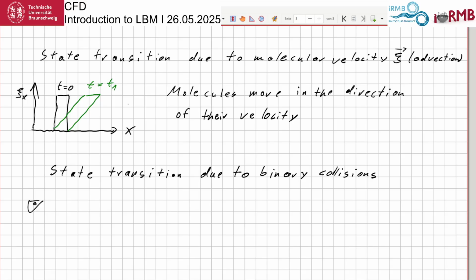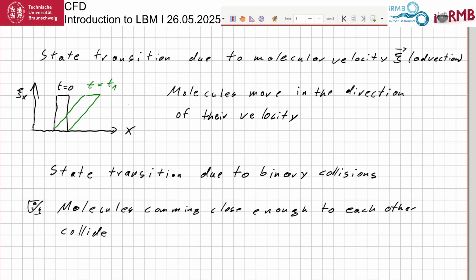So what is actually happening when molecules that are coming close enough to each other collide? When they collide, they usually don't break apart. This could also happen, but this would only happen if they collided at very, very high velocity, which is not what we consider here.